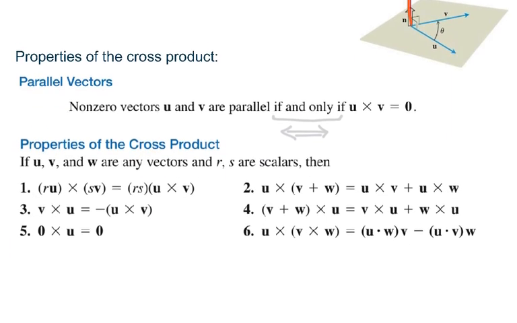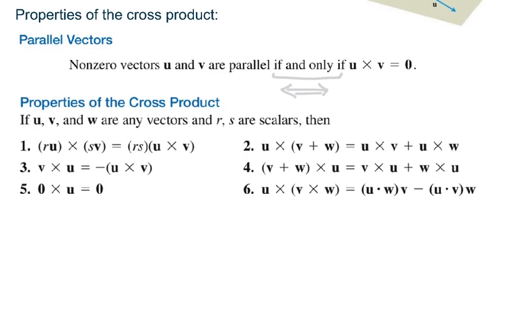The cross product also obeys a few of the following laws we have here. If we're given three vectors, u, v, and w, and we refer to r and s as scalars: if we have the scalar r times u cross the scalar s times v, essentially we can factor those two scalars out, because those are both multiplication, and multiply them in front of that cross product.